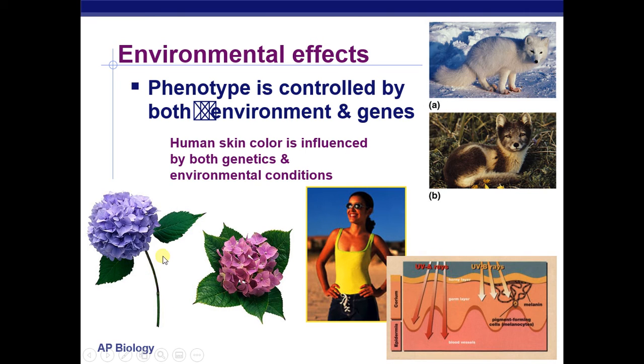So in a basic soil, the flower might have this deeper bluish color, and in a more acidic soil, it might have this more kind of reddish color, reddish pink. And so the environment directly can affect the expression of some traits. So there are environmental effects similar to the coloration in the fur of this animal here.